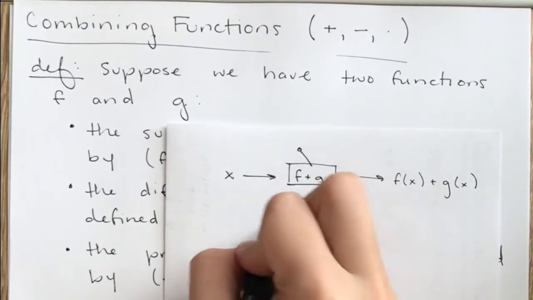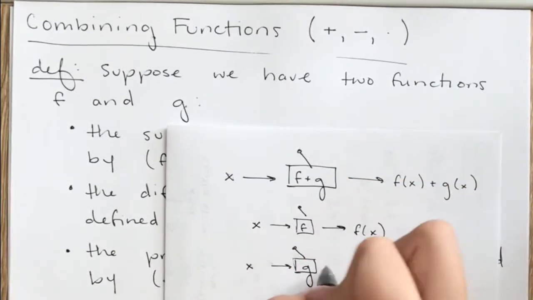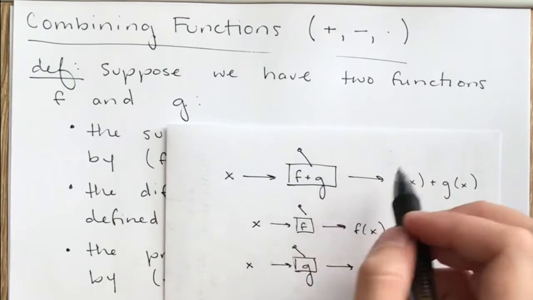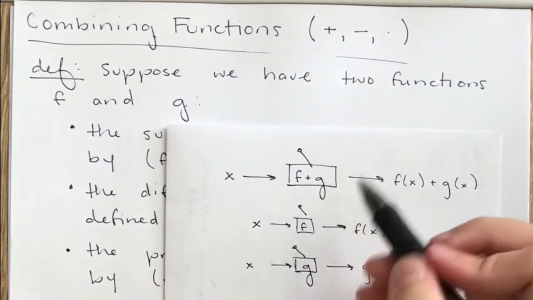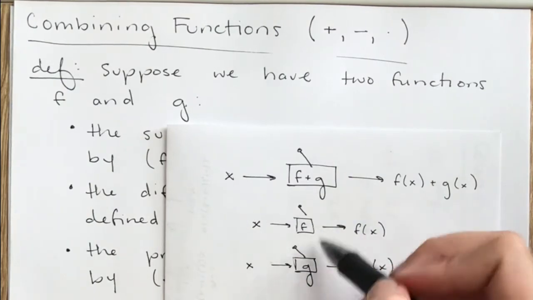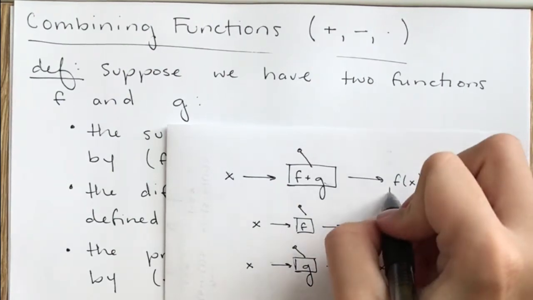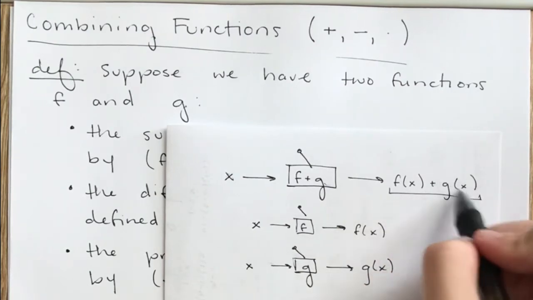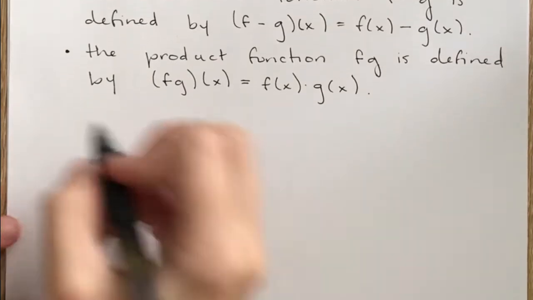If you'll recall this sort of notation from before, we're creating a new function that we're calling f plus g. Again, f and g are just names of functions. F plus g is the name of a function where the function just means that we add the output from f at x and the output of g at x. So let's look at an example of this.